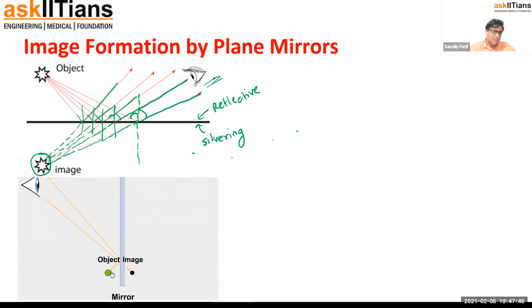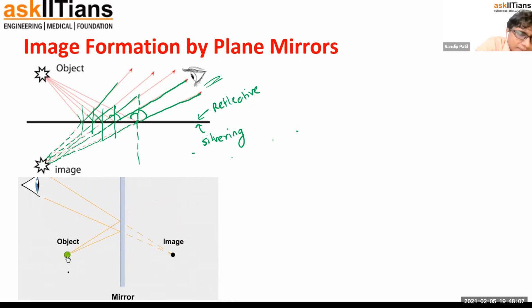Also consider this another animation. Very nice animation, right? It also shows us how the image is formed. If you move the object, you can see where the image will move. Again, you have to draw one or two rays, and for every position, every point, consider the object is here.